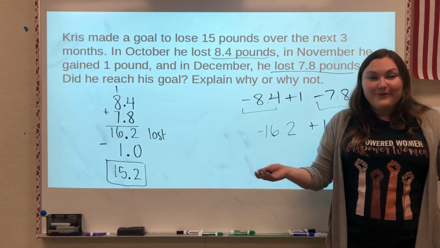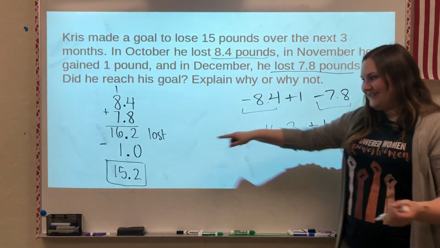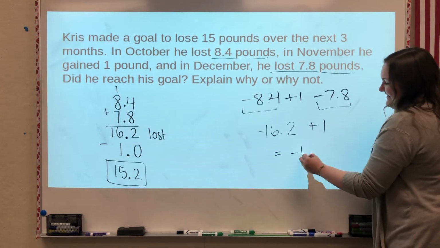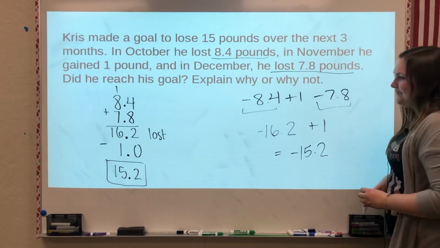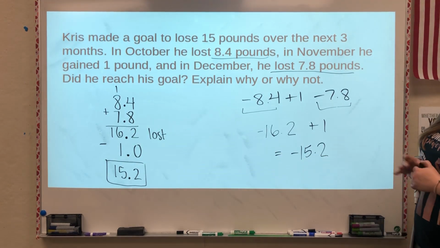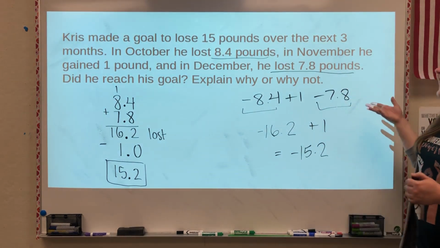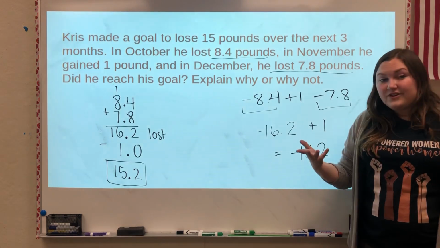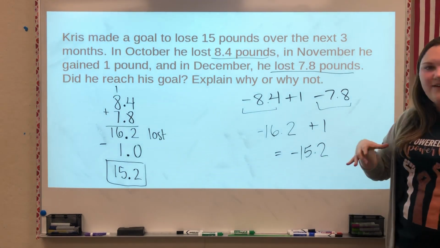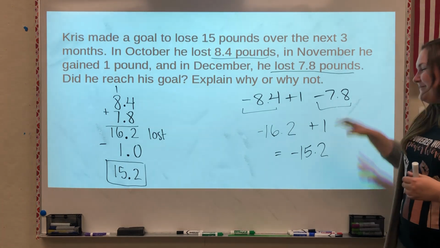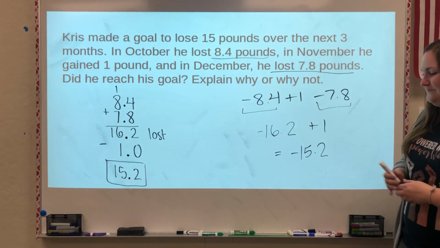Well, what do you do when you have different signs? You subtract. Look, that's what I did here. And that would end up giving me negative 15.2. If you're doing it with integers, that negative is just showing it's weight he lost. But because I'm not asking you to represent it with an integer or anything, you don't necessarily have to do the problem with negative numbers. But if you were thinking about negative numbers, it's definitely an option for this one.